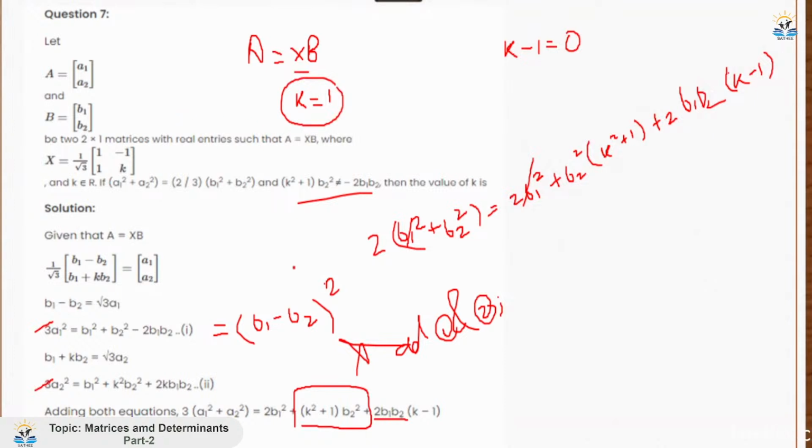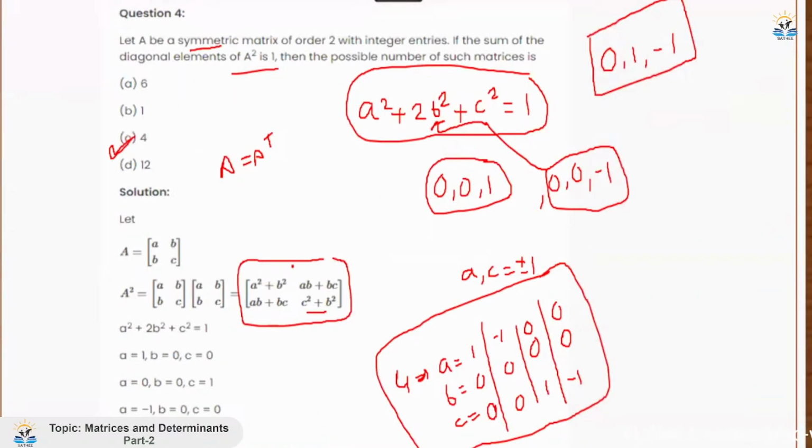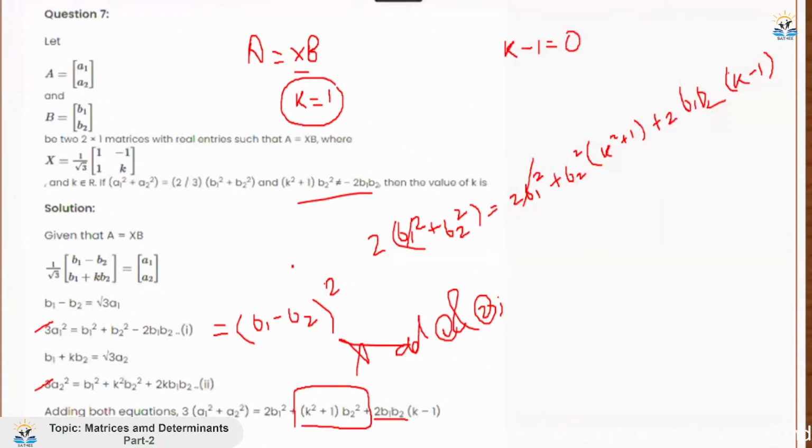Okay, so this was the final question of our matrices and determinants revision. I hope you got it, but just try to revise these concepts again and again, especially the concept of adjoint and simultaneous linear equations, because those are the concepts which are asked again and again in JEE-Main especially.